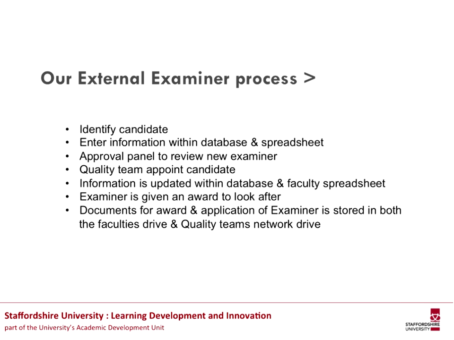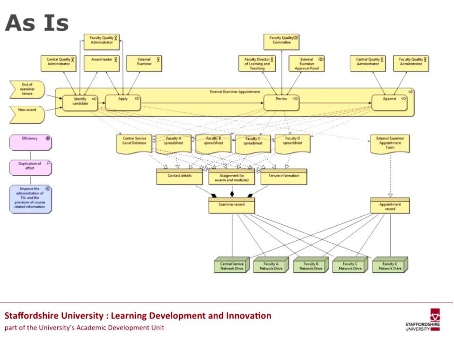So if I now show you what our as-is diagram looks like when we used enterprise architecture to display it, I fully understand that this is the first time you've seen it and it looks very complicated, but I'll try and take you through it. Now, if I draw a ring around identify candidate, that was the first step of the last slide.